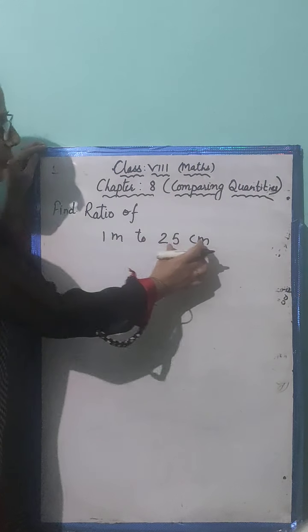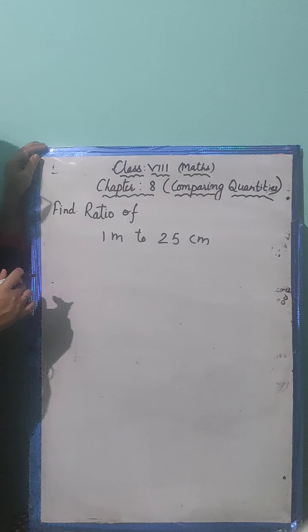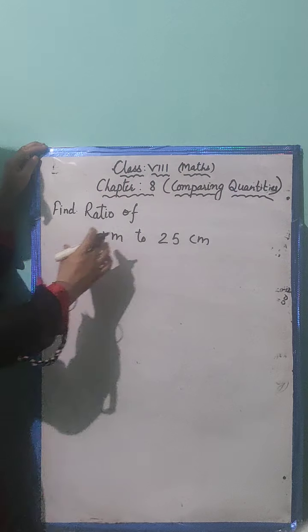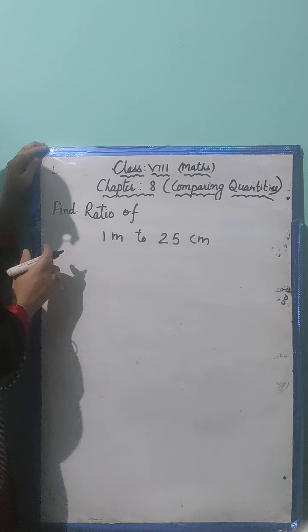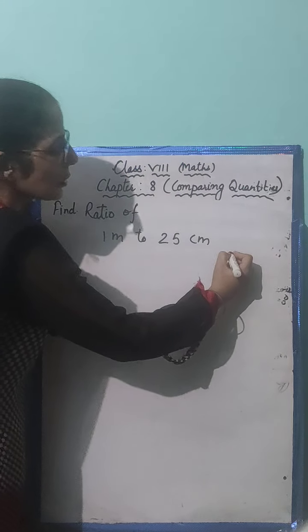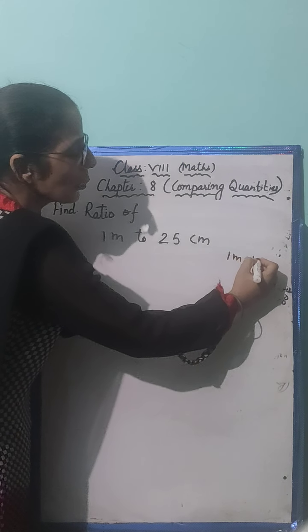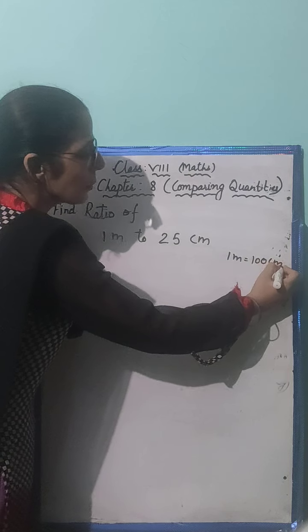One thing is in meter, the other thing is in centimeter. So what should I do? I have to make the units the same. 1 meter means how many centimeters? Because 1 meter is equal to 100 centimeters.